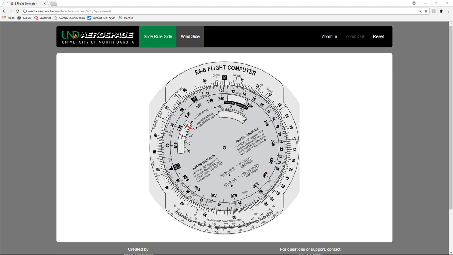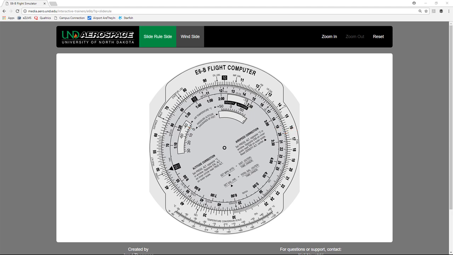So for 200, we can use the number 20 to represent 200, and then the true altitude is on the A scale, and you'll see that that is about 164, probably 164 feet. So your altimeter says you're 200 feet above sea level, but in reality you're only 164 feet above sea level, which, if there's any type of obstacle below you, could be a bit of a problem.